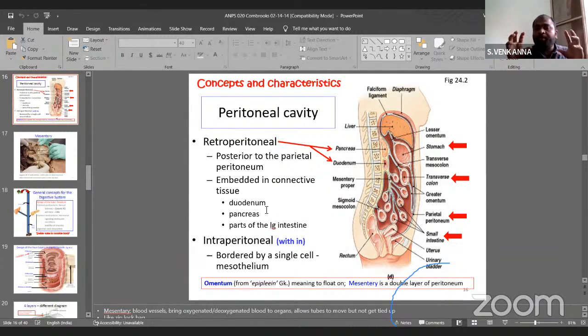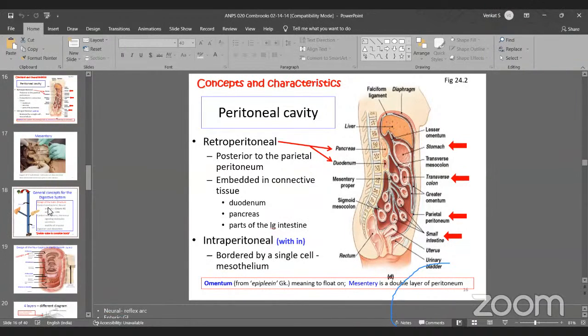Then absorption converts to blood, which transports to the internal organs. Then the boundary has single cells and mesothelium.